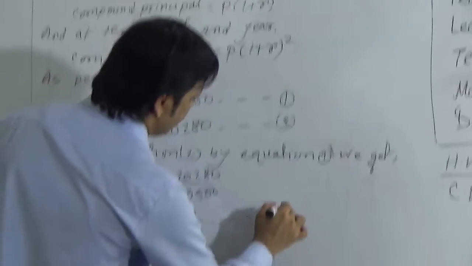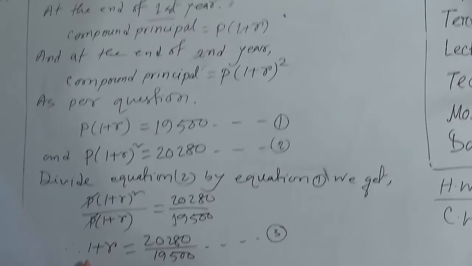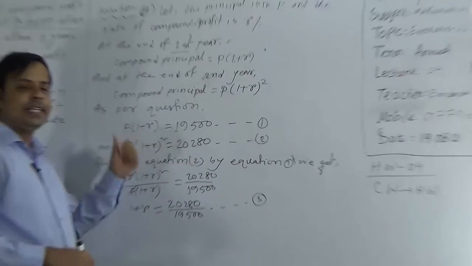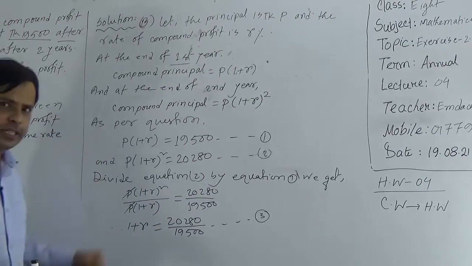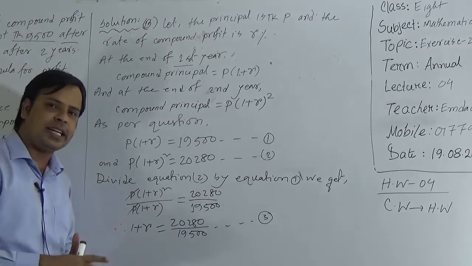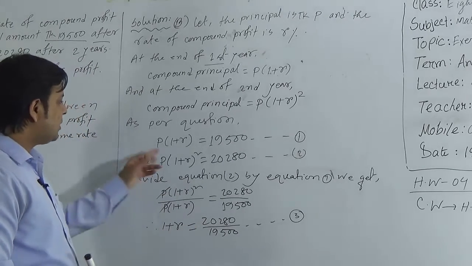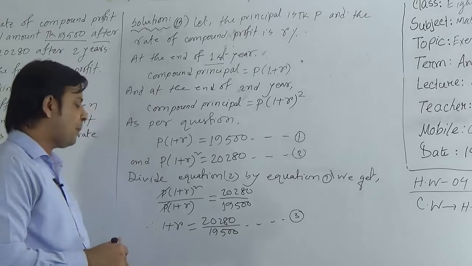This is equation 3. Now using this value of 1 plus R in equation 1, we can determine the value of P, as we need to determine only the value of P. R is not needed here, so we will not determine the value of R. Just put the value of 1 plus R in equation 1, you will get the value of P.